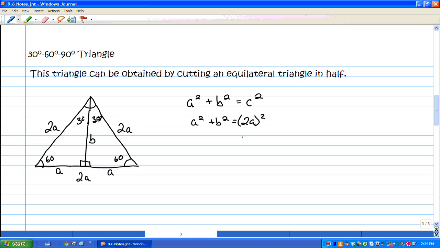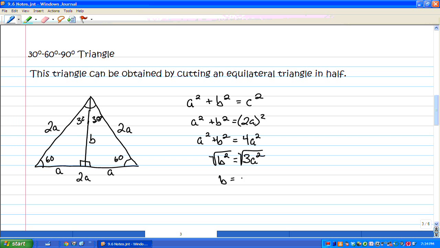So 2 squared is 4. A squared is A squared. Now I want to subtract. I'm trying to solve for B, so I'm going to subtract A squared from both sides. That leaves B squared on the left. 4A squared minus another A squared gives me 3A squared. Then I'll take the root of both sides.